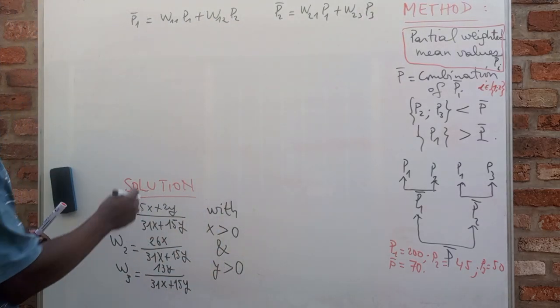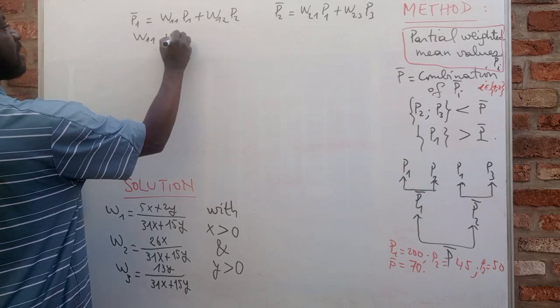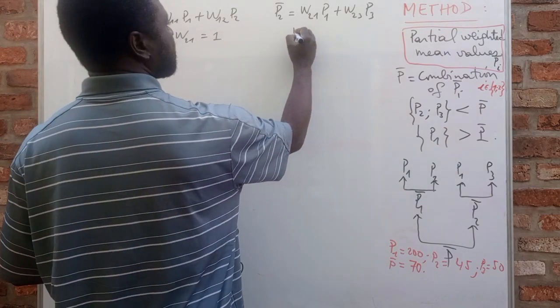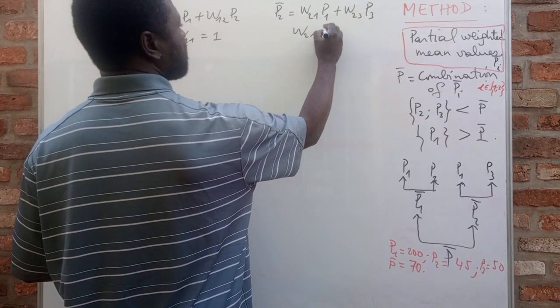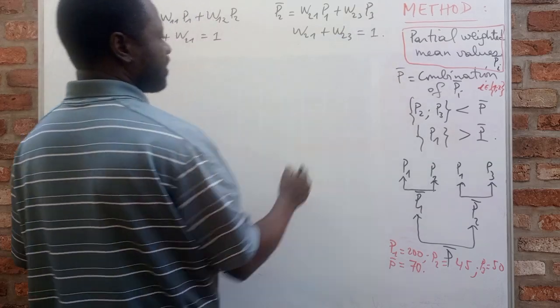In this case these are normalized weights, which means that the sum of them will be equal to 1. Also the sum of these weights, which are normalized, is going to be equal to 1.